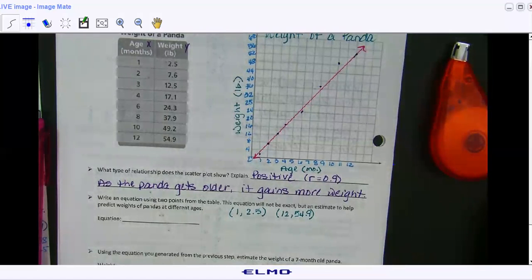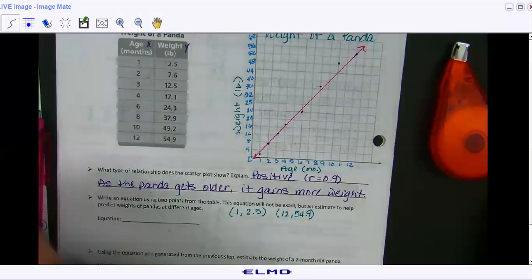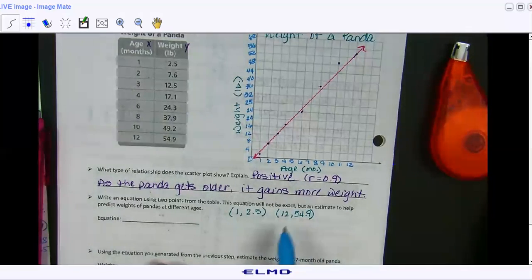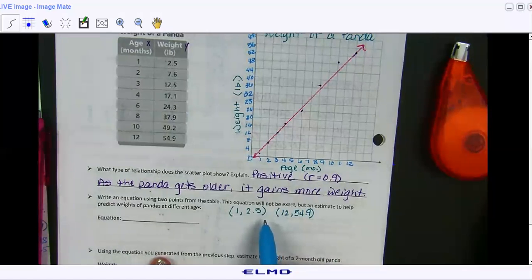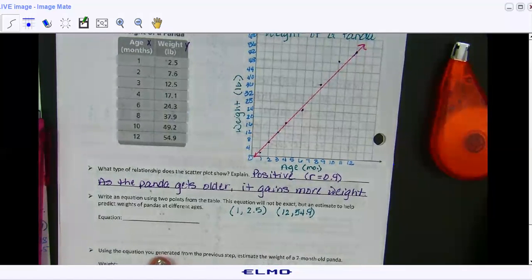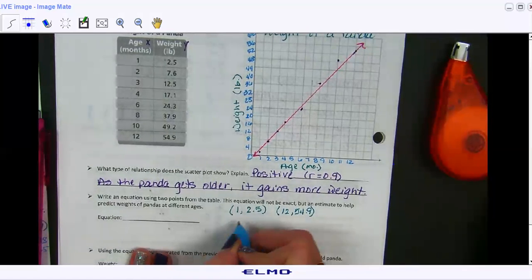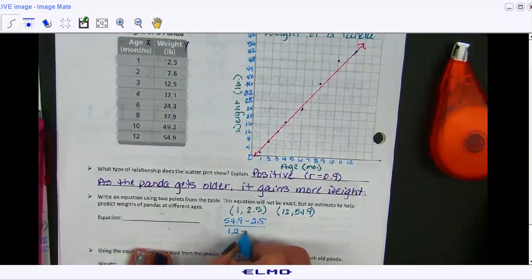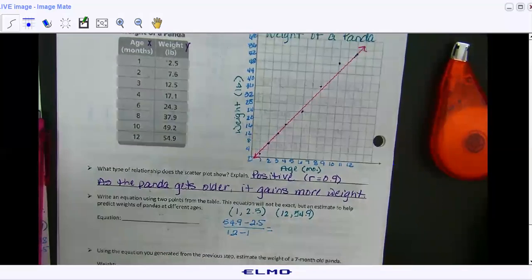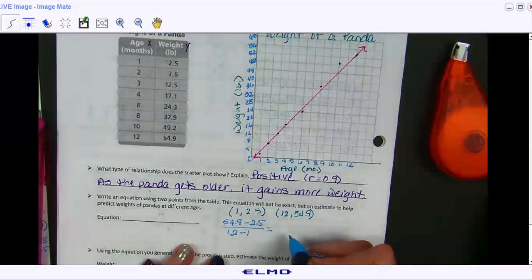By this time, we should know how to do that. From 2 points, what's my first step in finding an equation? Find the slope. So we're going to do y2 minus y1 over x2 minus x1. What's 54.9 minus 2.5?